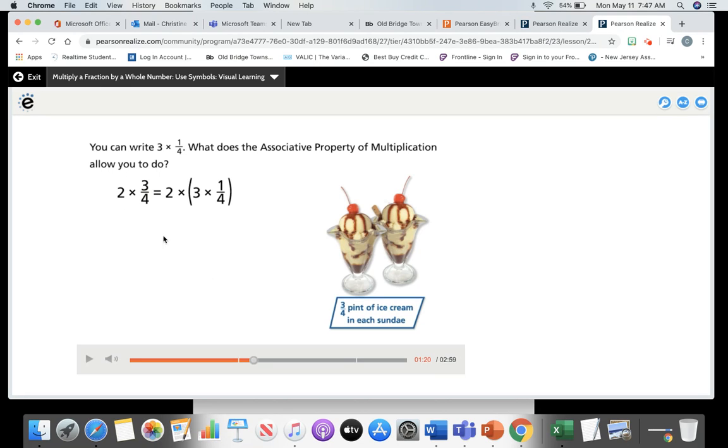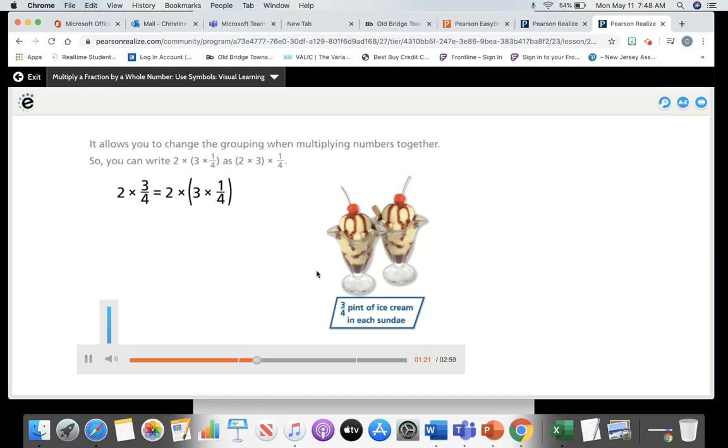Or what we can do is, you can take 2 times 3 and you get 6. And then 6 times 1/4 would give you 6/4. It allows you to change the grouping when multiplying numbers together.